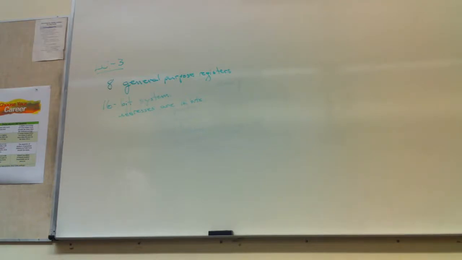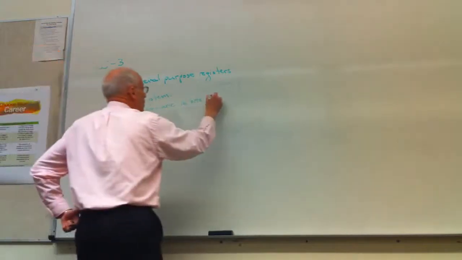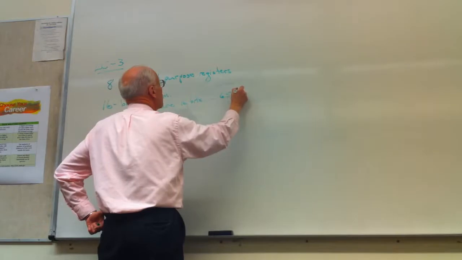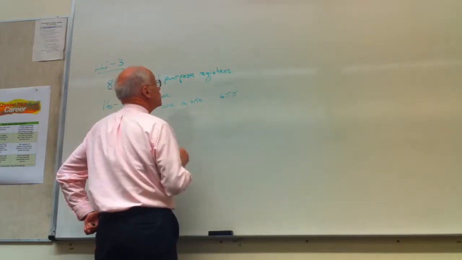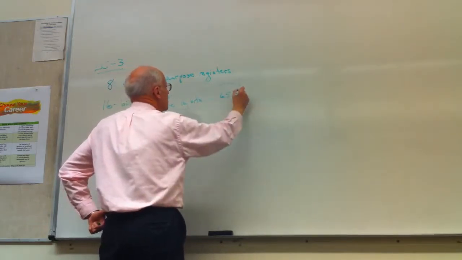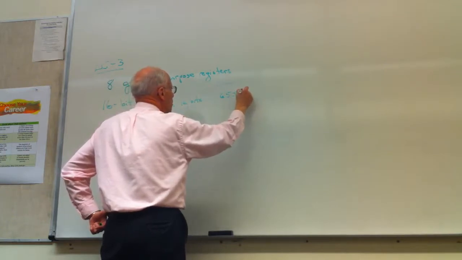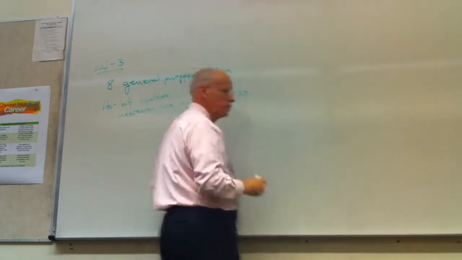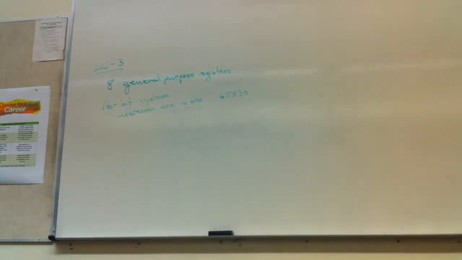There's no mailbox numbered -44. Okay? That means that we have 65,536.